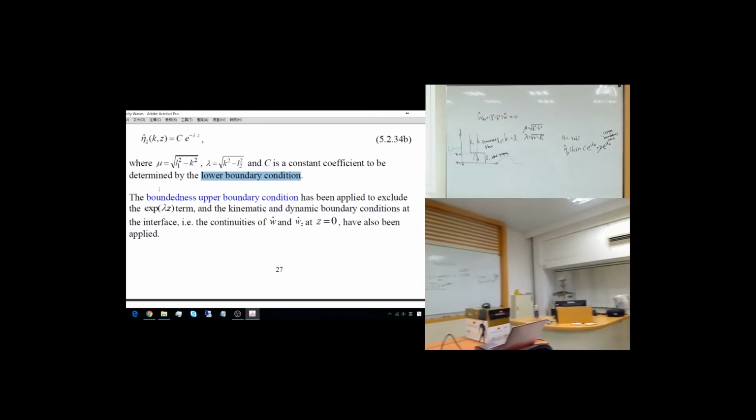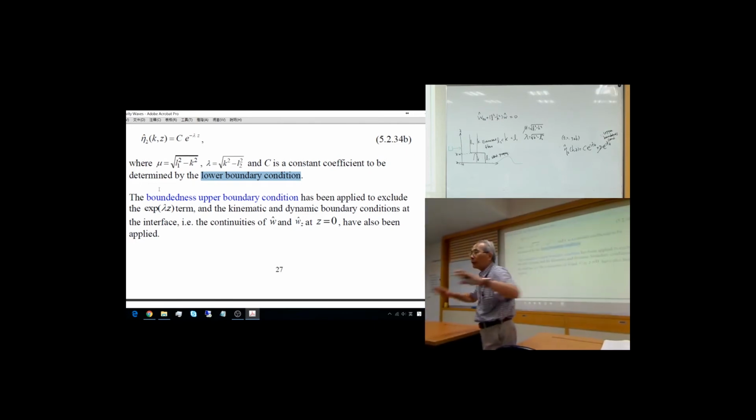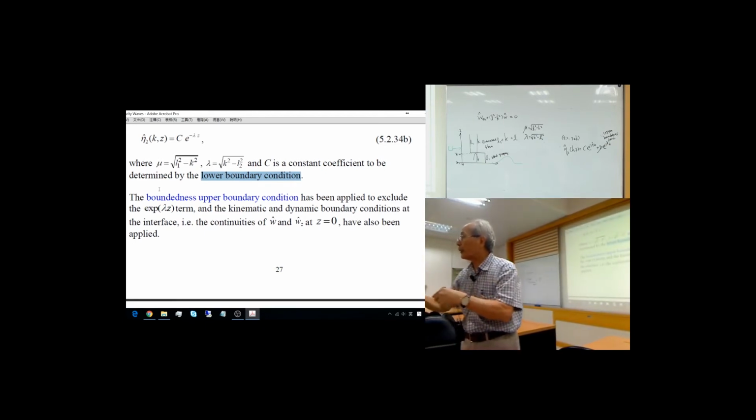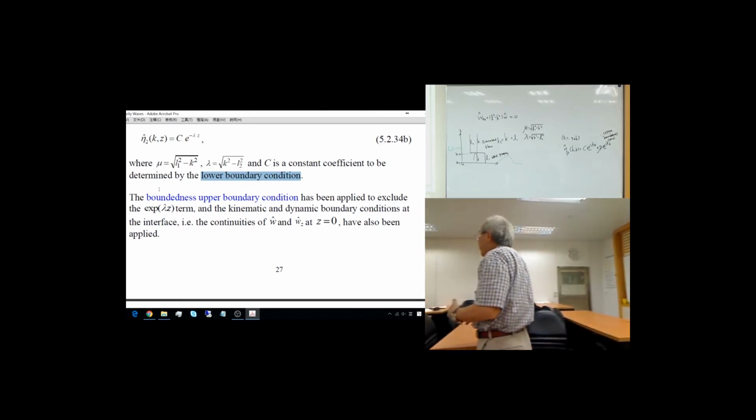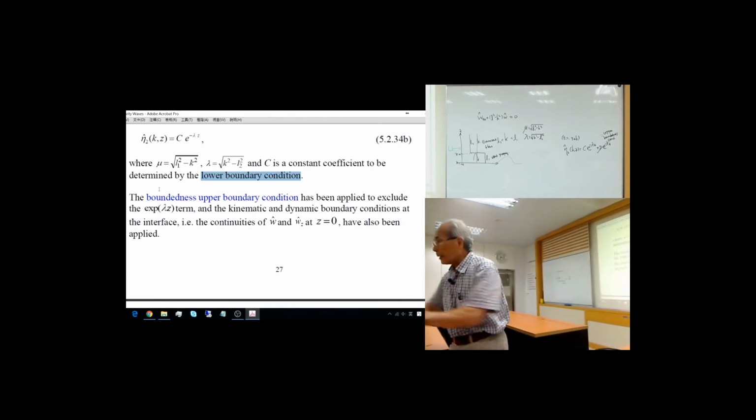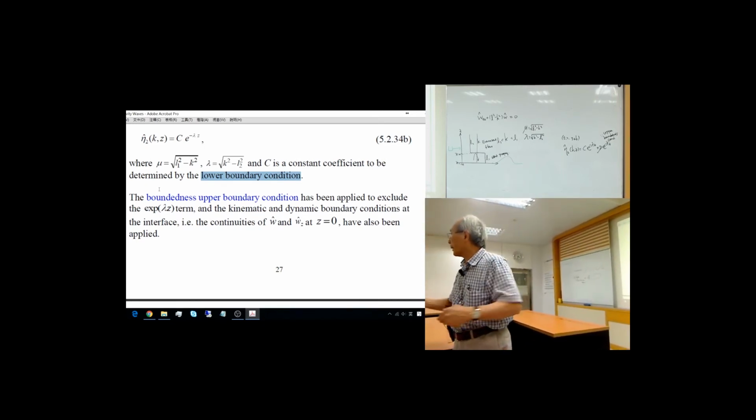This is just like a group of people there, and you try to push them. People close to you will have more vibration, and people far away will be less influenced. That's the boundedness condition.